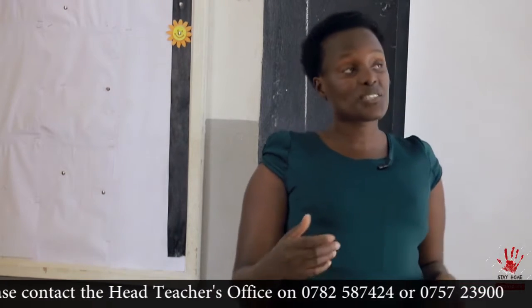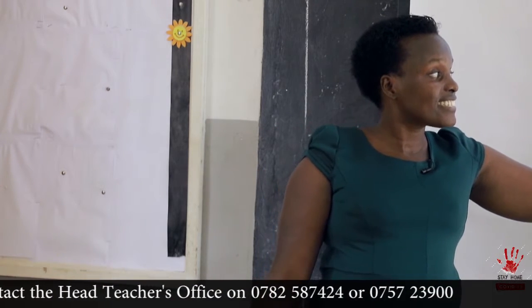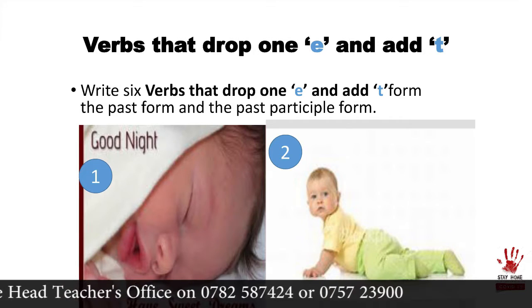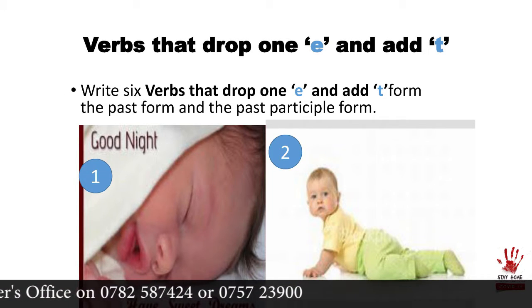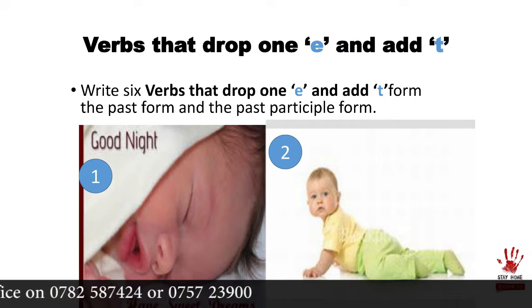Now this baby has grown up. It has started crawling. Now which other verb can we use instead of crawling? We can say creeping. The baby is creeping. Even some insects, there are insects which move on the ground. We say they creep.